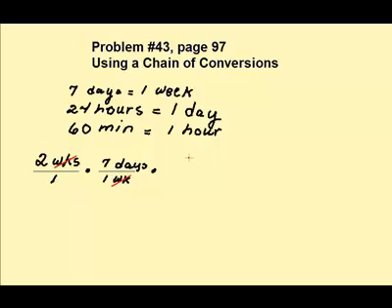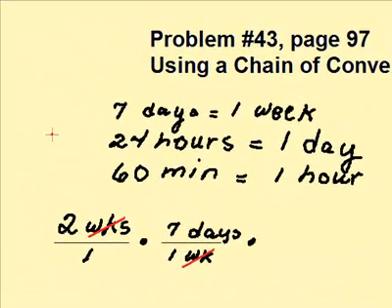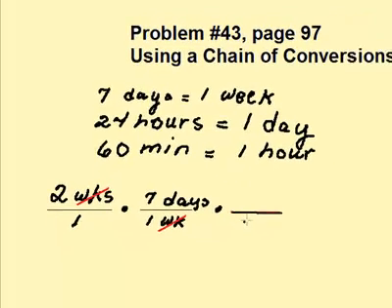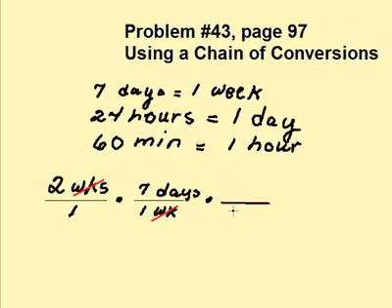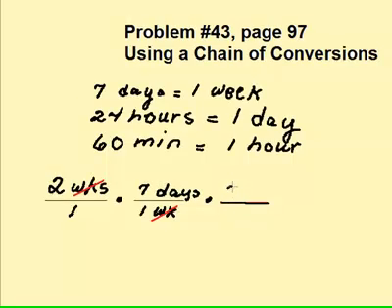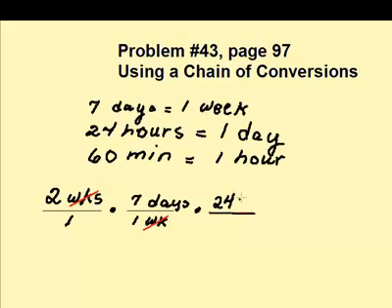So what I'm going to do next is to set up the next conversion to look like the other ones, more or less. And I'm going to set up my second conversion factor now because I would like days to go away because I'm moving towards minutes. I know that there are 24 hours in 1 day.